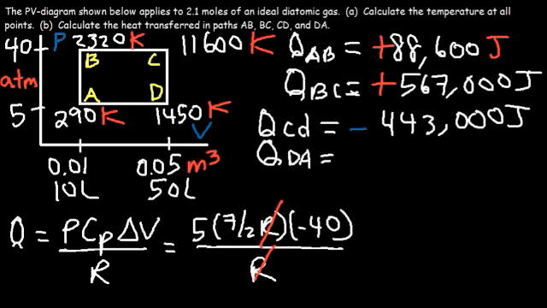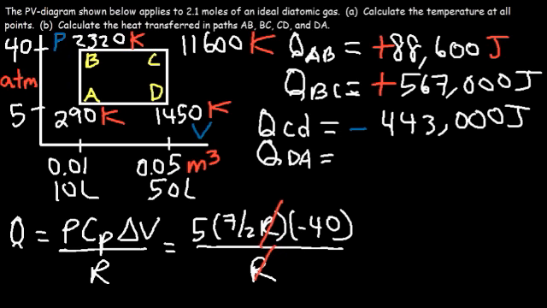So as you can see, whenever you go up and to the right, Q is positive. When you go down and towards the left, Q is negative. And you can tell by the change in temperature. To increase the temperature, typically you have to put heat into the system.